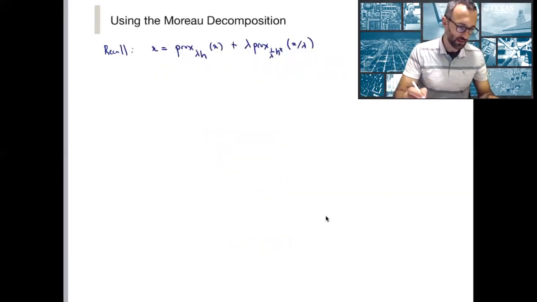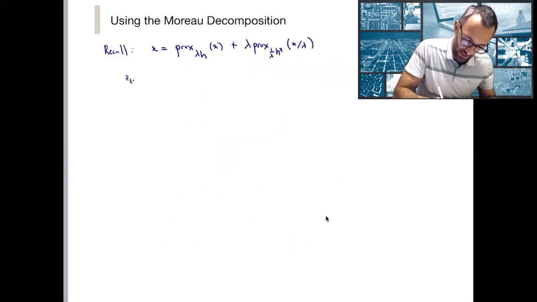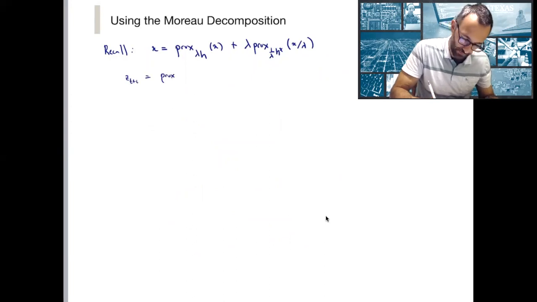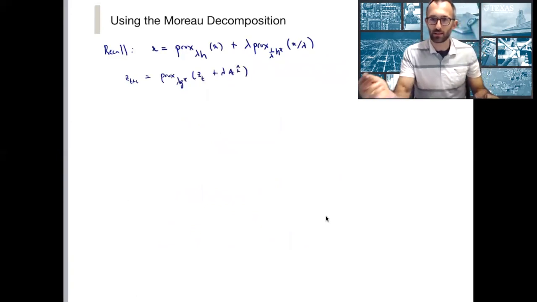So using this, on the previous slide I had written that z t plus 1 is equal to prox of lambda g star of z t plus lambda A x hat, where x hat solves the Lagrangian.